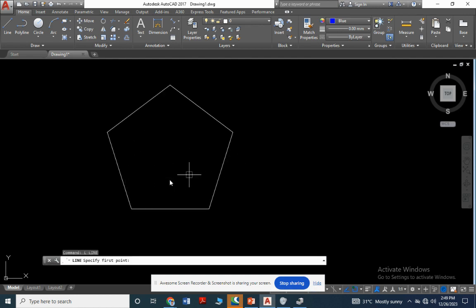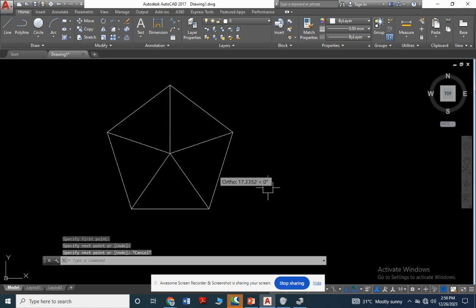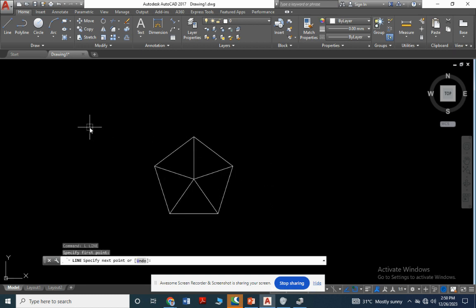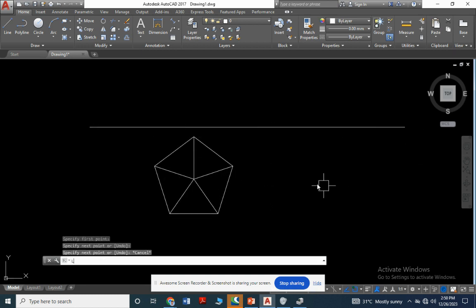Now mark the center point. Now I would like to draw the XY line.